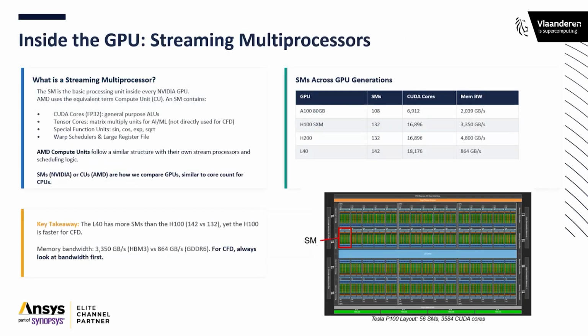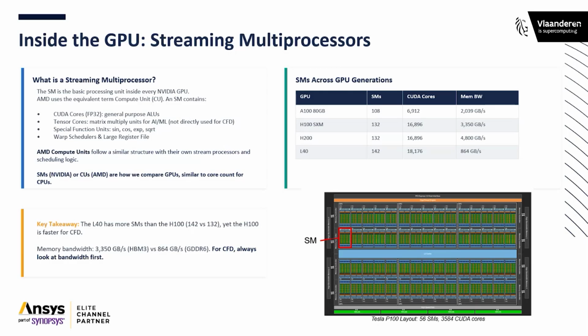So a streaming multiprocessor or SM is the basic compute unit inside an NVIDIA GPU. Each SM contains multiple CUDA cores, up to thousands, which are your ALUs, so your workers. On top of that, it also consists of some tensor cores, not really used in CFD, more used in AI and machine learning, some special function units, a warp scheduler, and a large register file.